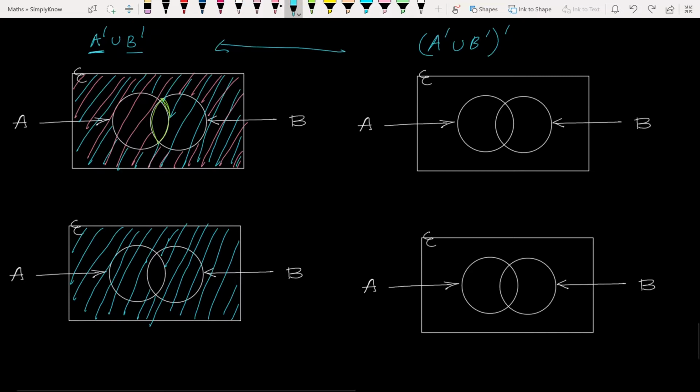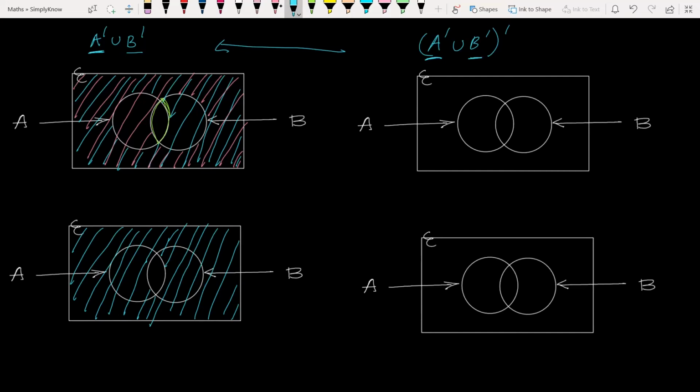So first what we do is, we shade everything in A complement. Then we shade everything in B complement. Then we take the complement of A complement union B complement.